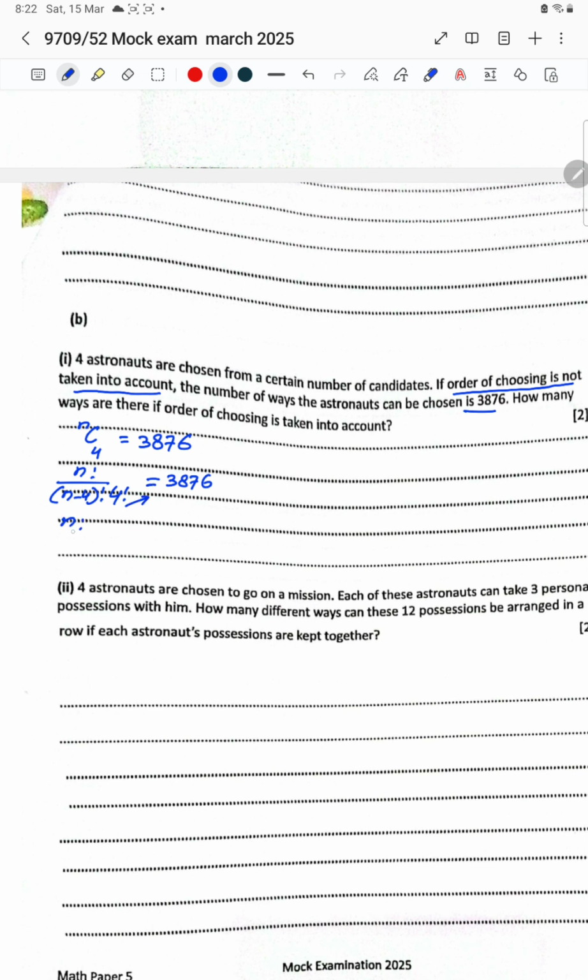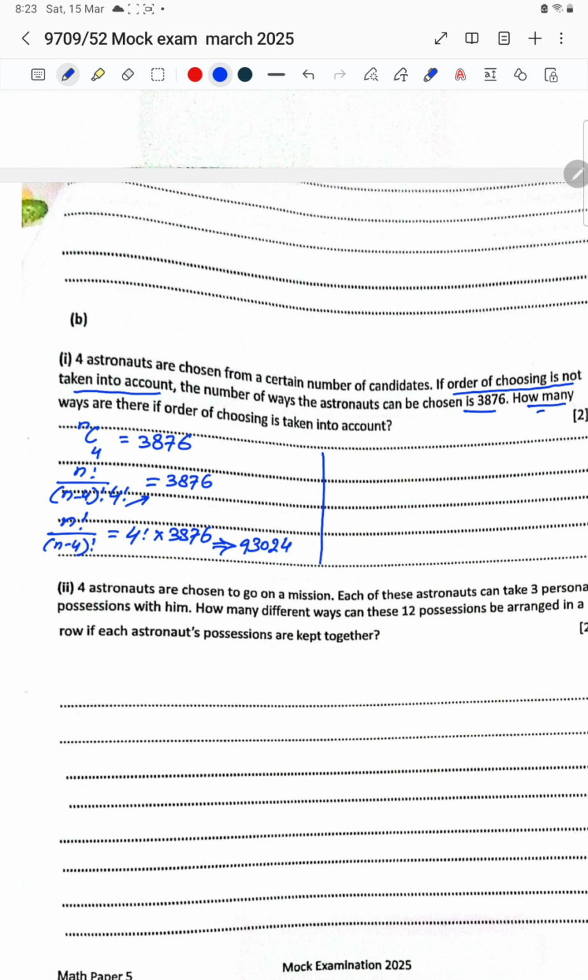We get n factorial over n minus 4 factorial is equal to 4 factorial times 3876. That can be calculated on the calculator, and whatever you get, 93024. Okay, this is so far here.